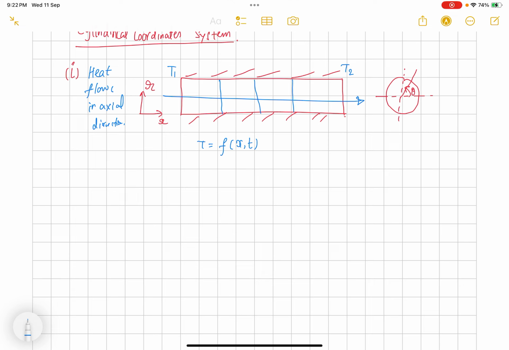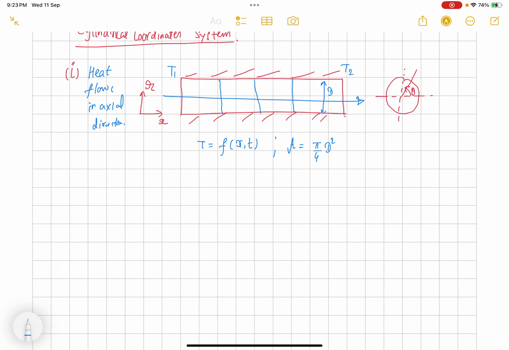And what is that area? Area is pi by 4 d square, supposing d is the diameter of the pipe, and it is independent of the length.